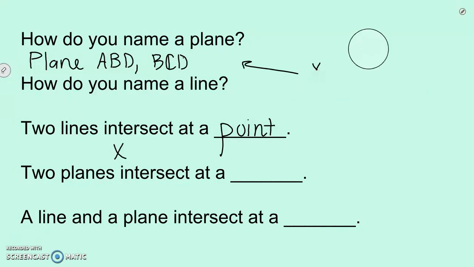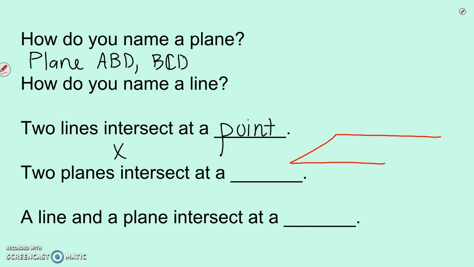Two planes, how do two planes intersect? Well, this is a great question. I'll try to draw you a somewhat poorly drawn picture to see this. So let's say I have a plane here. Okay, this is plane, I don't know, M. And then I have a plane that comes up like this, goes underneath, right? And we'll say that this is plane Q, right?